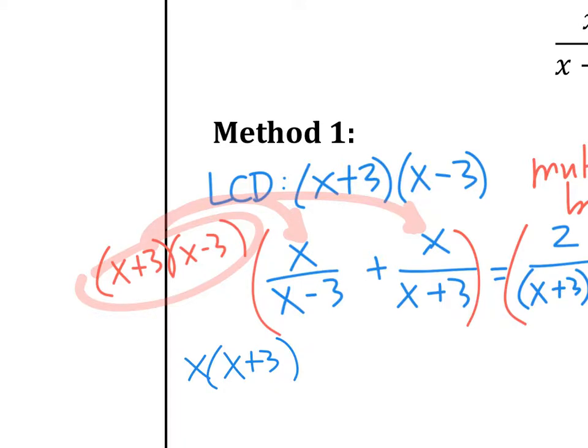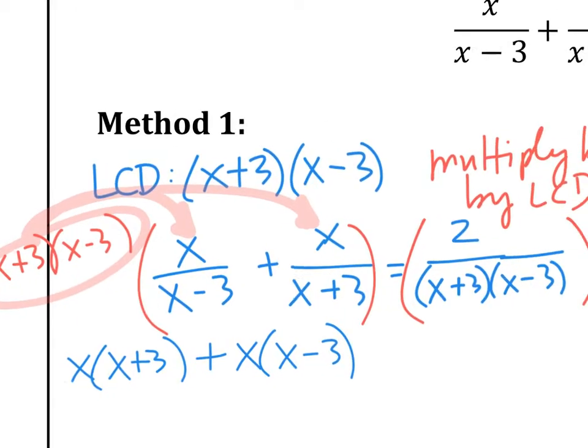Distribute to the second term. X plus 3 times x minus 3 times this x over x plus 3. What's going to cancel? X plus 3, good. What's left over? X and x minus 3. X and x minus 3.